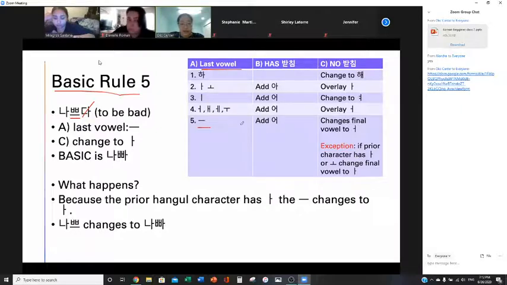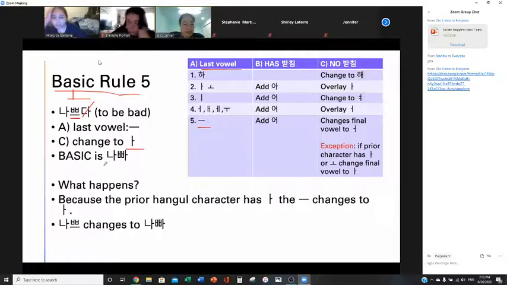In the number 5 rule, you will have an exception. If the prior character has a or o, whenever you have an a like this or o, this will change the vowel to a. So this right here, the stem, will change to a.